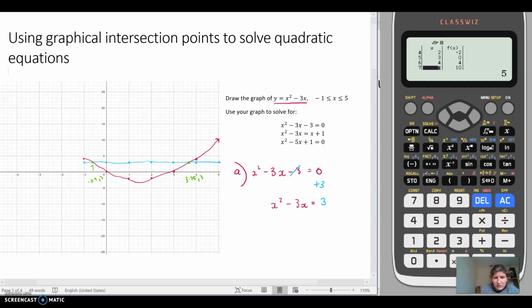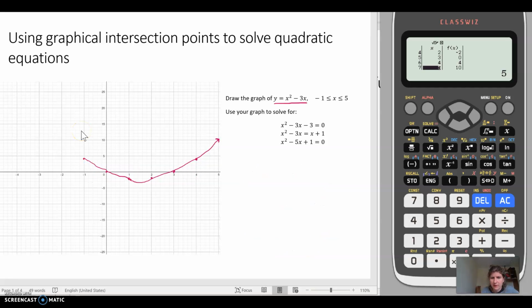Then my last stage is I could say that x squared minus 3x minus 3 is equal to 0 when x equals -0.5. It's actually, I think, more like 0.6 there, but anyway, we'll ignore that. And x equals 3.75. Okay, so that's my first one. I'm just going to remove all of this, and then we'll do the second one. Okay, so pause.